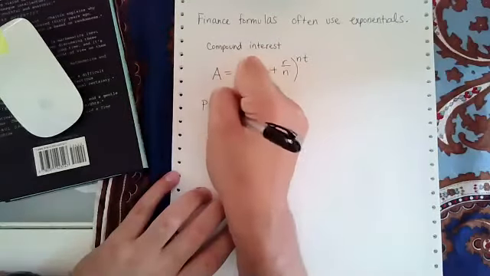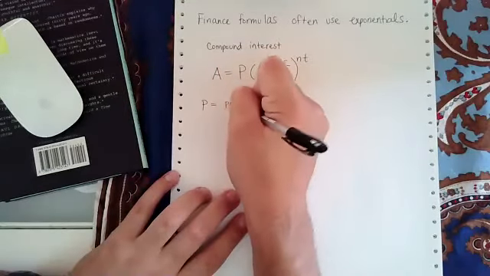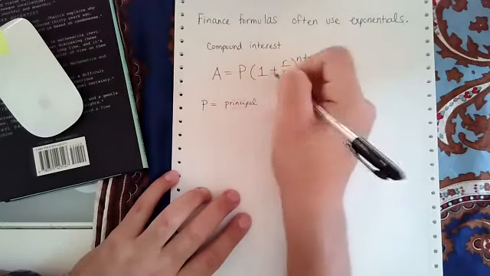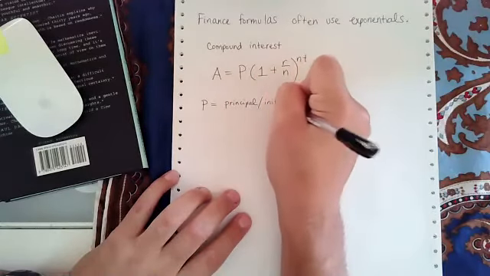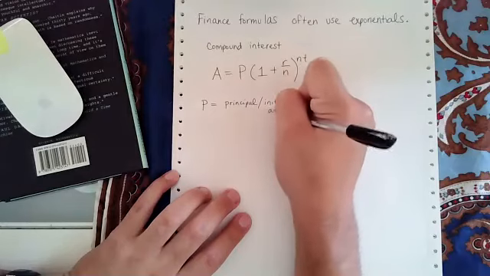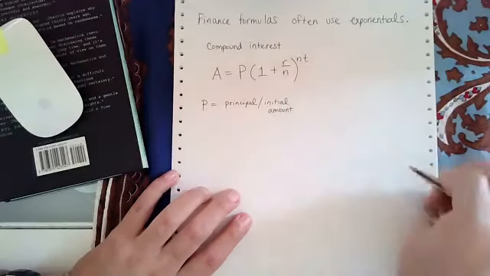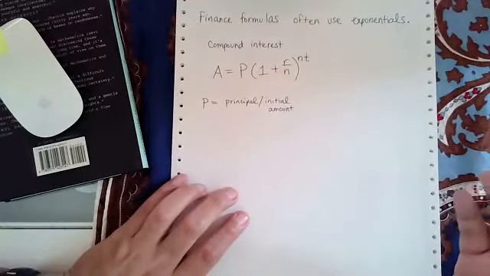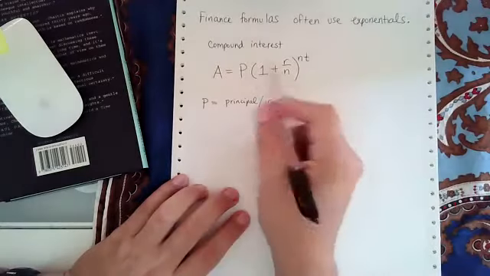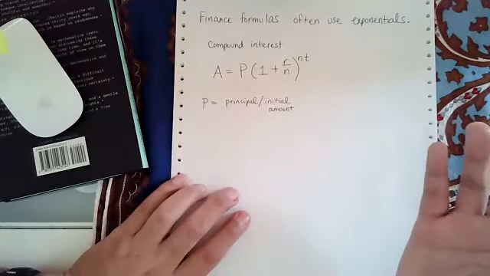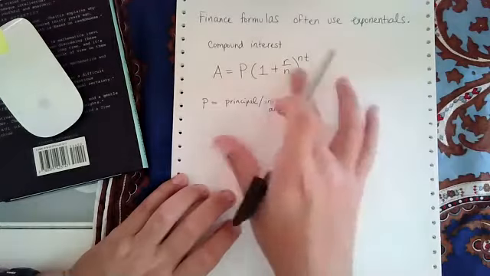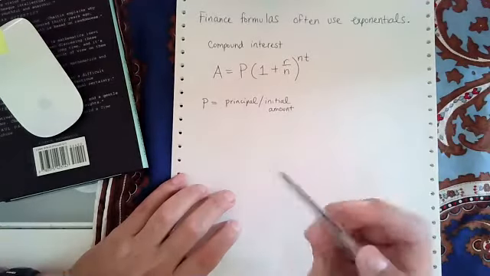So P is going to be standing for the principal or the initial investment. I'm just going to put initial amount here. Usually we're talking about money, but this formula turns up in places other than the financial sector. So right now we're just going to be talking about money. P will represent the initial amount.